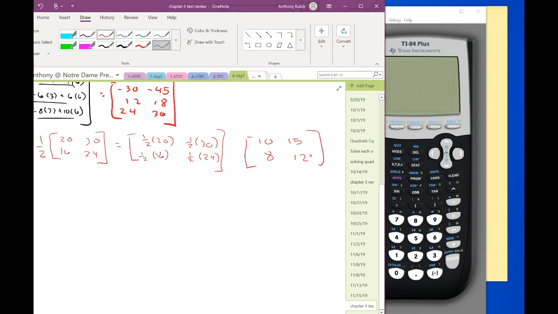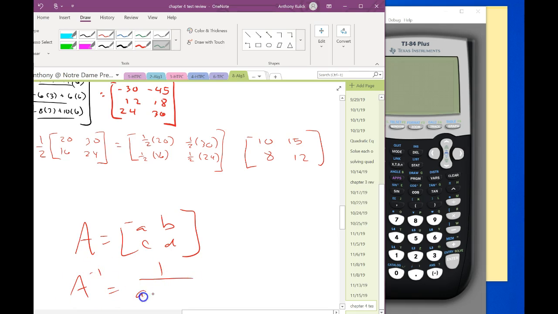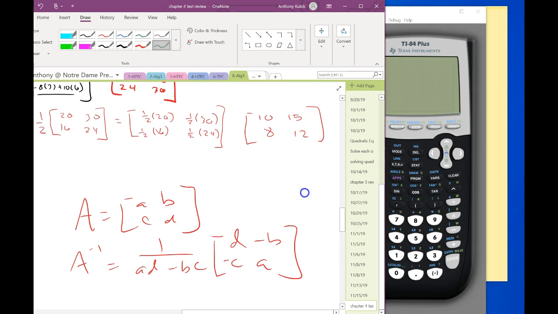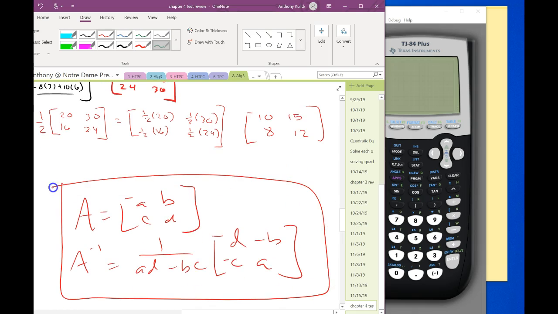You know what I mean? So again, the formula was if A is the matrix A, B, C, D, then A inverse is 1 over AD minus BC times D, negative B, negative C, A. So that was our formula for an inverse.